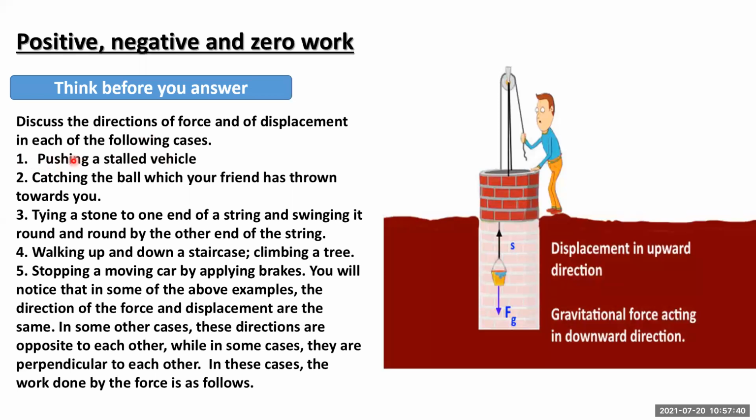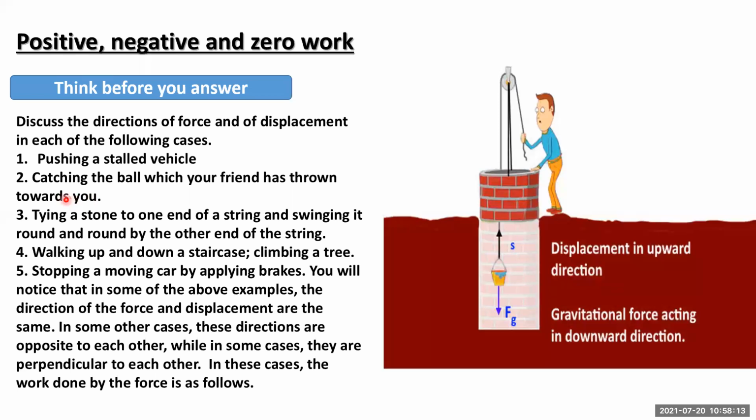Think about it: in which direction are you applying the force and in which direction is the displacement? If the applied force and the direction of displacement are the same, then it is positive work.